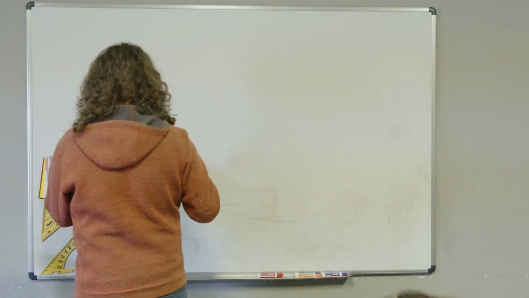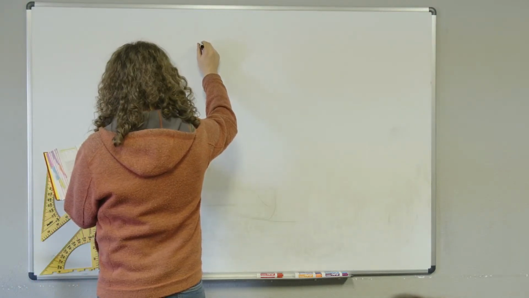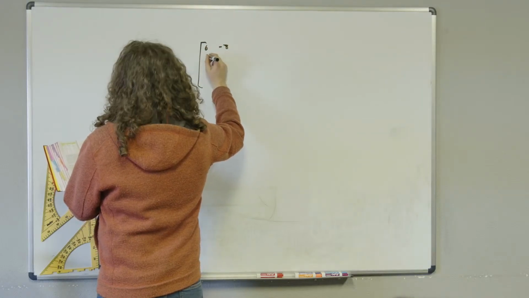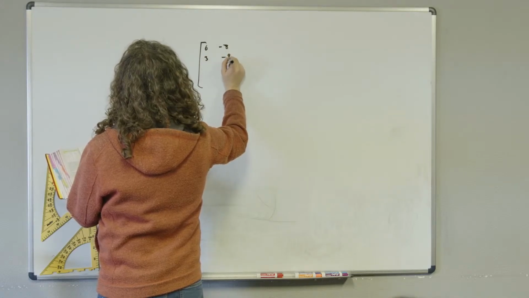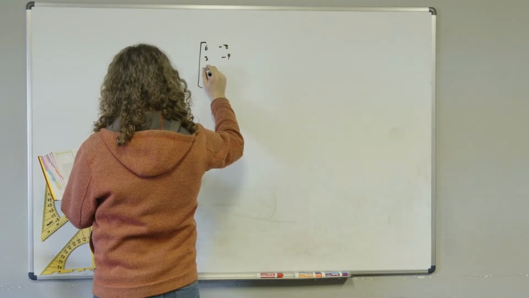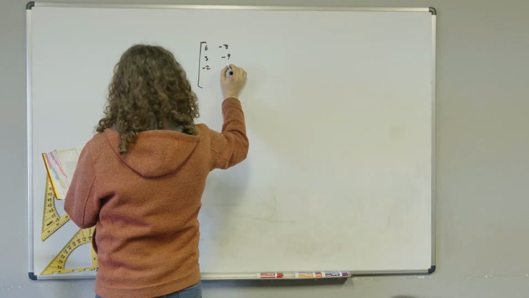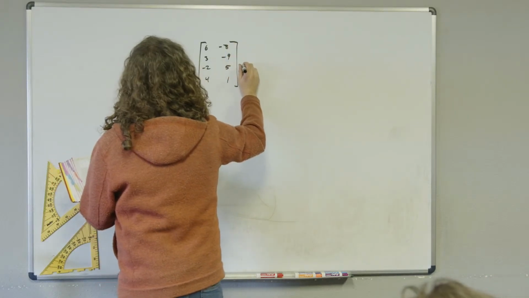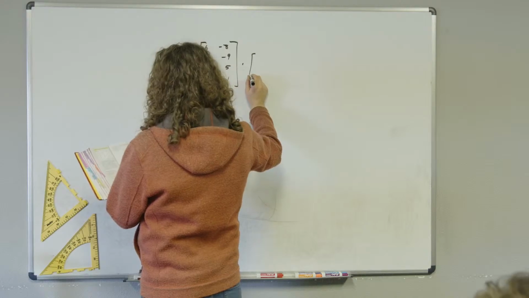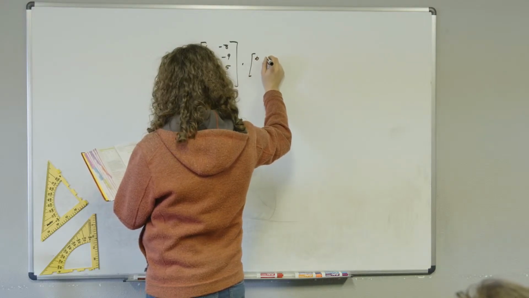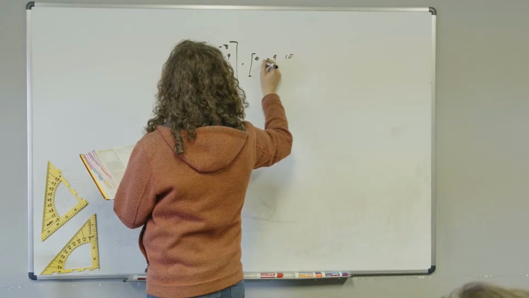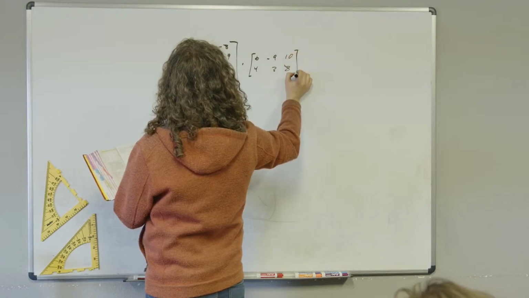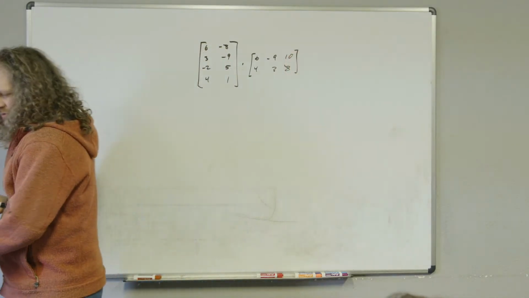Okay, so we're going to multiply this one times this one. 2, 4, 6, 8.